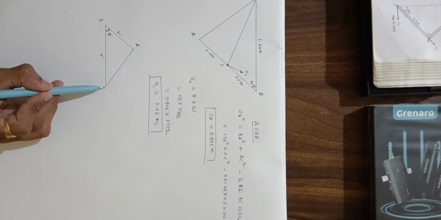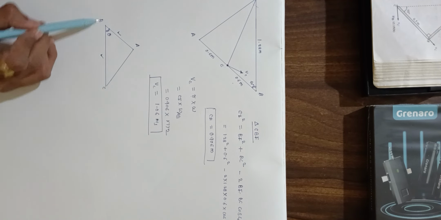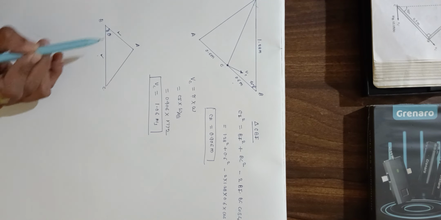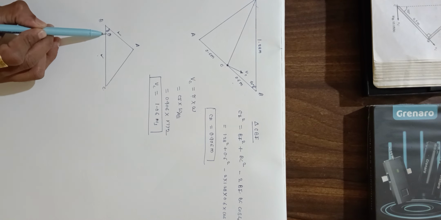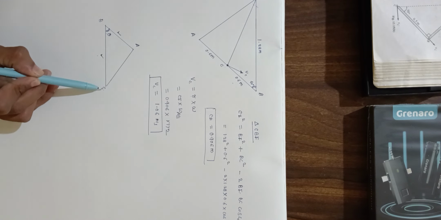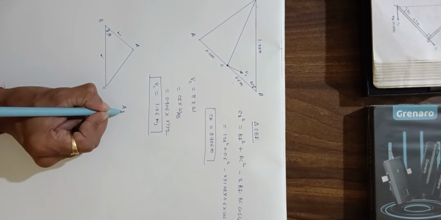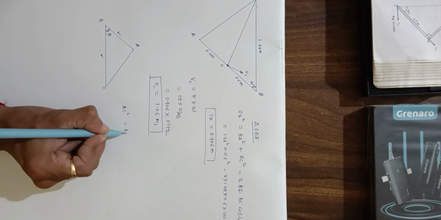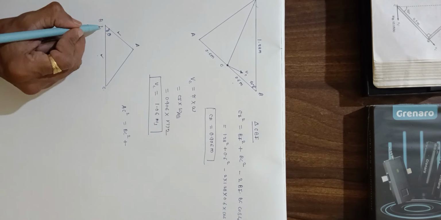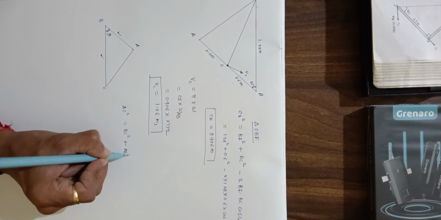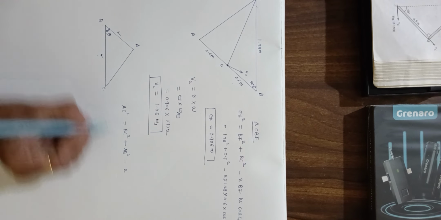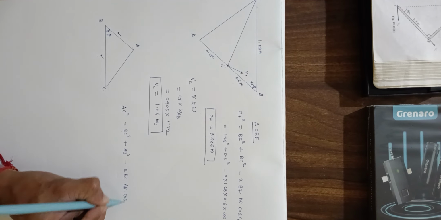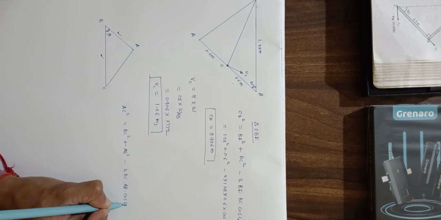This is the basic of the cosine rule. Just imagine we have one triangle ABC. Distance BC is known, distance AB is known. The angle between these two sides is given, that is theta, and if you need the side AC, which is the unknown side, then we can write AC square, the unknown side, equal to the known BC square plus the adjacent side AB square minus 2 BC into AB into cos of the angle between the two known sides, so cos of theta.